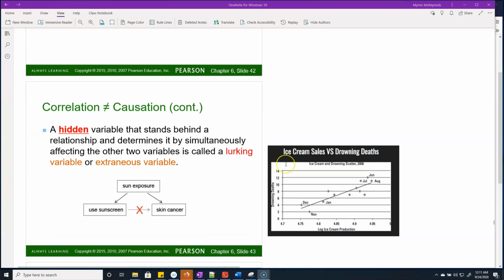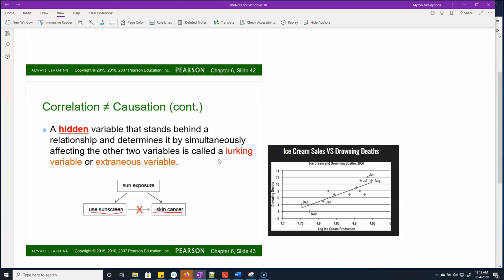And let me give you some examples of that. There could be a hidden variable that stands behind the relationship, simultaneously affecting both of them, and this is called a lurking or extraneous variable. Now think of there being a correlation between sunscreen and skin cancer.